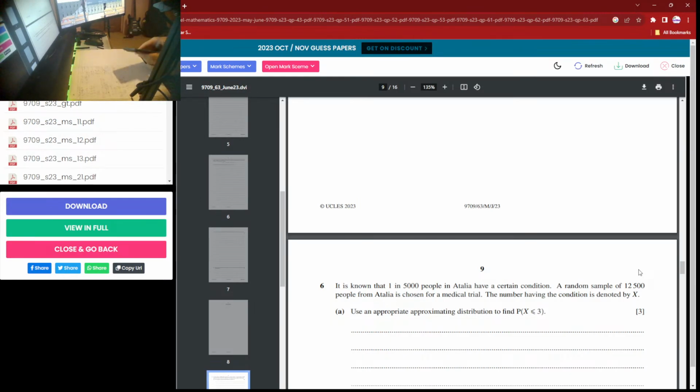Since our np is less than 5, we would use the Poisson approximating distribution to find P(X is less than 3). Poisson e to the negative 5 over 2. So 0 will give us 1, 1 will give us 5 over 2, 2 will give us (5 over 2) squared over 2 factorial, plus (5 over 2) cubed over 3 factorial.